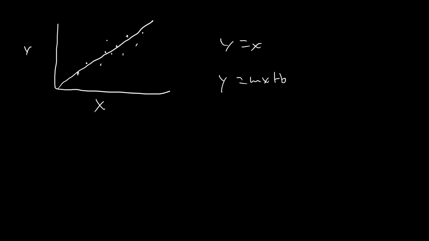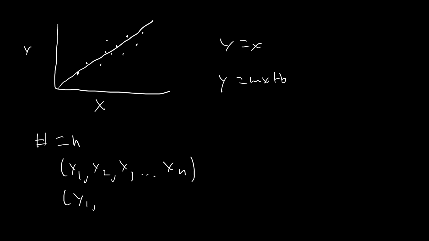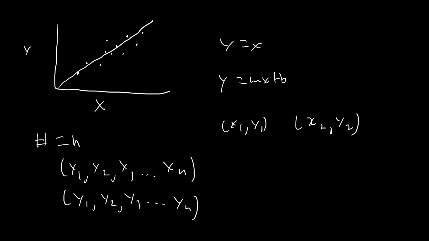So let's say that the number of data points we have is n, and we can call our data points x1, x2, x3, and so on, all the way up to xn. And we also are going to have y1, y2, y3, all the way up to yn. And so x1, y1 is one of these points. So is x2, y2, and so on and so forth.